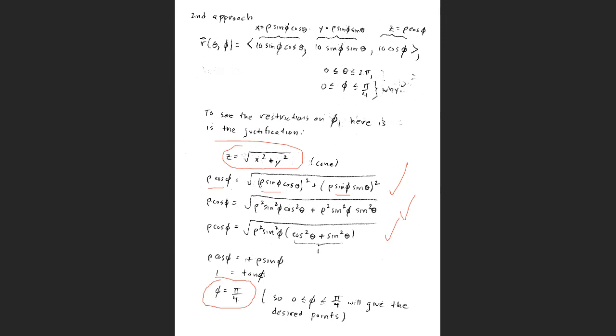Therefore, when phi is between 0 and pi over 4, that gives you the desired points, the restriction on the angle phi that gives you the top portion of that sphere.